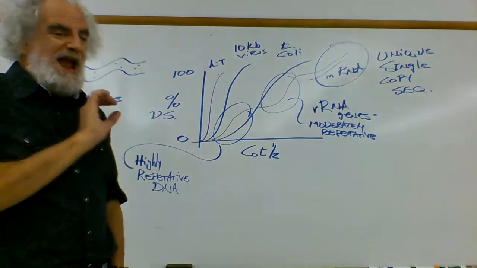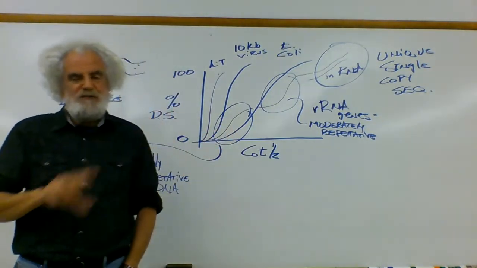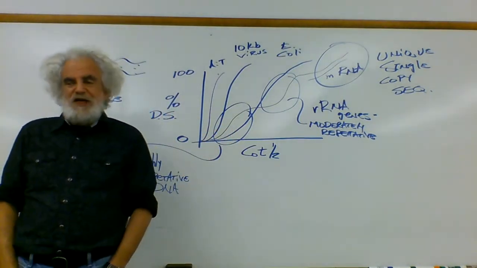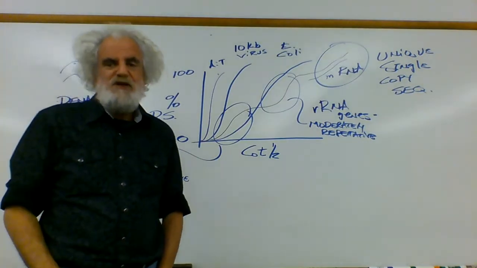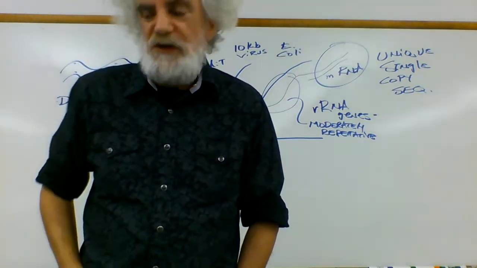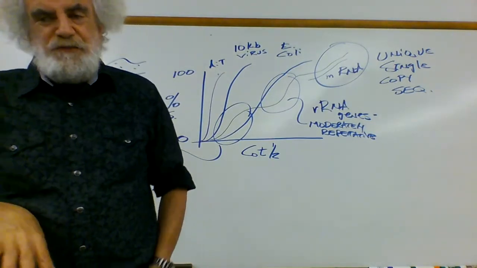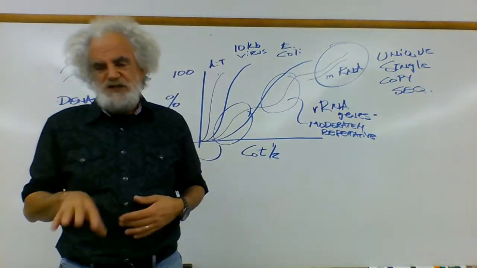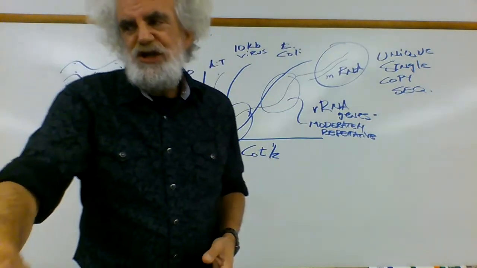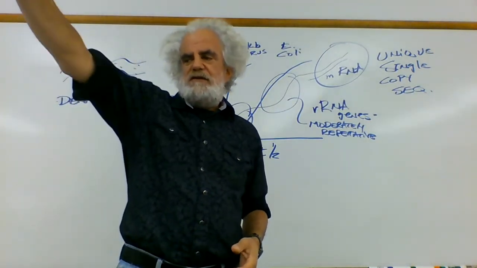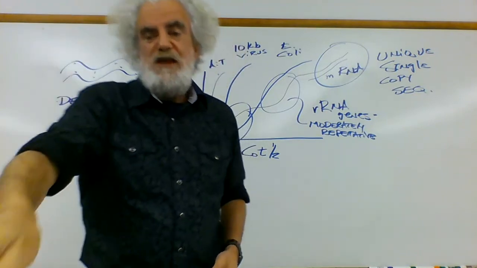So we have these 3 layers of complexity within a genome that are being identified by the use of Cot curves. So let's just look here at a figure that is showing the proportions of different sequence components in eukaryotic genomes. And we're going to begin to start to figure out this C-value paradox.